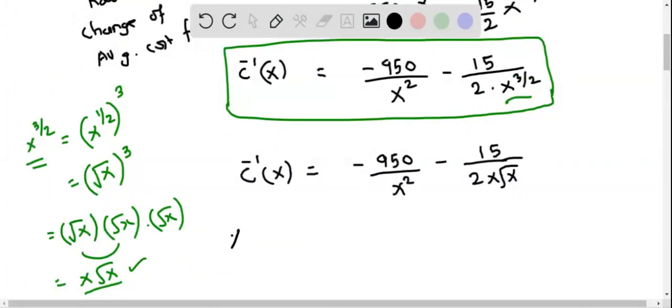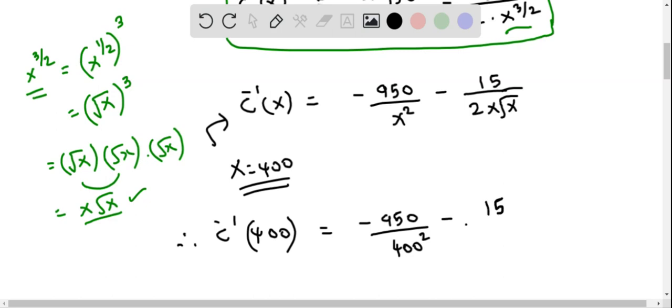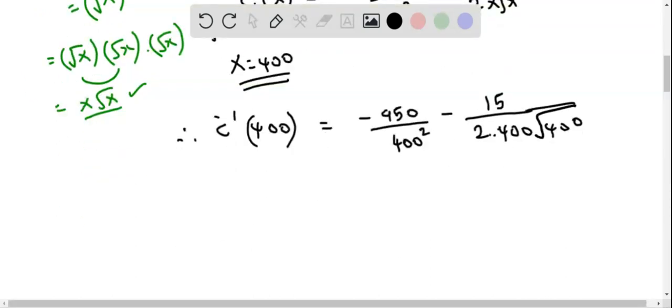So let's plug in x equals 400 into this rate function. Therefore we get c bar prime of 400, and this equals negative 950 divided by 400 squared minus 15 by 2 times 400 times the square root of 400, where x is replaced by 400. We can simplify this further.